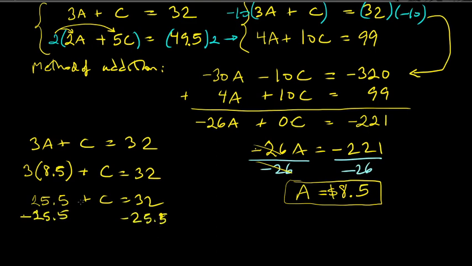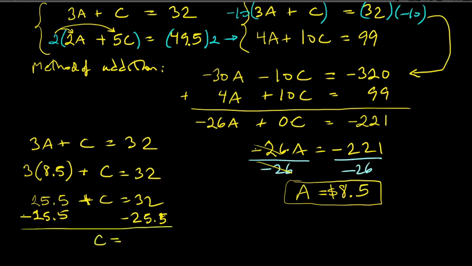Right. Why am I subtracting? That's the opposite of adding. Here we were multiplying negative 26 times A. So the opposite of multiplying is dividing. Right. But here we're adding 25.5 plus C. So the opposite of adding 25.5 is subtracting 25.5, right?